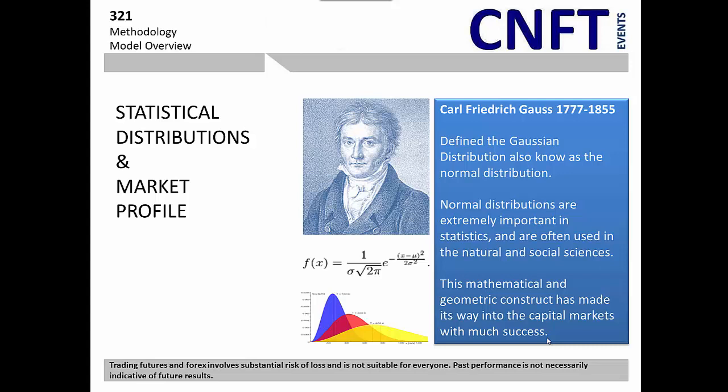They're often used in the natural and social sciences, medicine, to make statistical inferences and come up with possible solutions for problems. The mathematical and geometric construct has made its way into the capital markets with a great deal of success. In fact, in 1986, when it was introduced to the general market, the large institutions jumped on it with both feet.